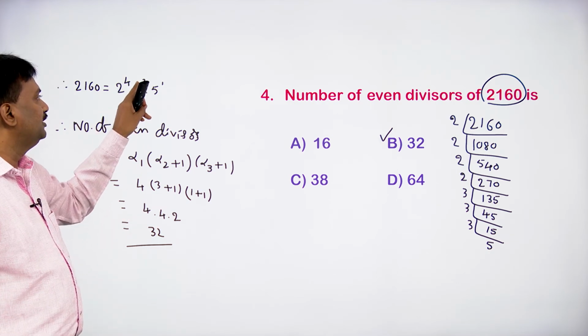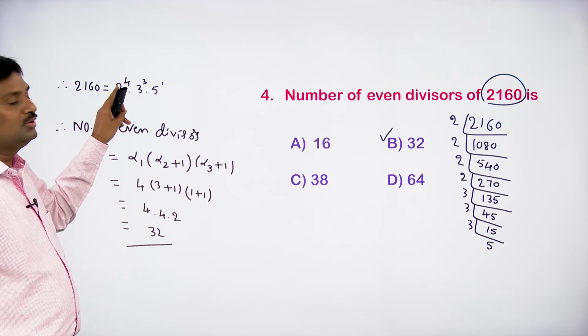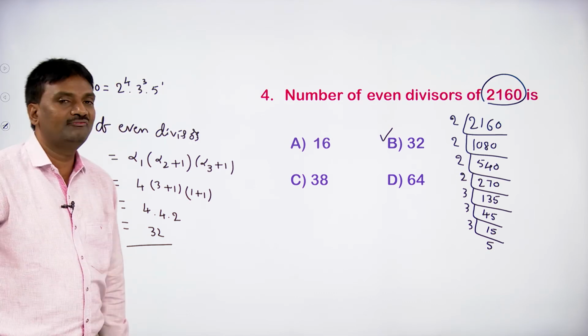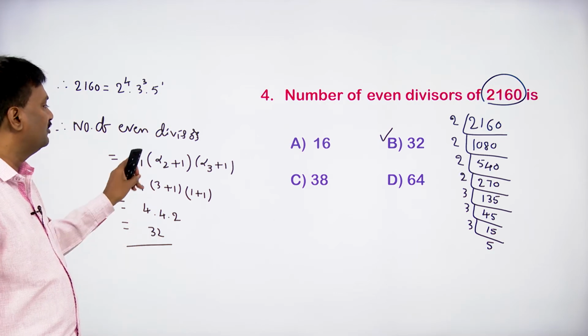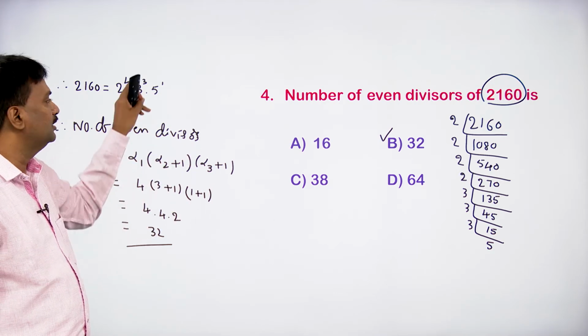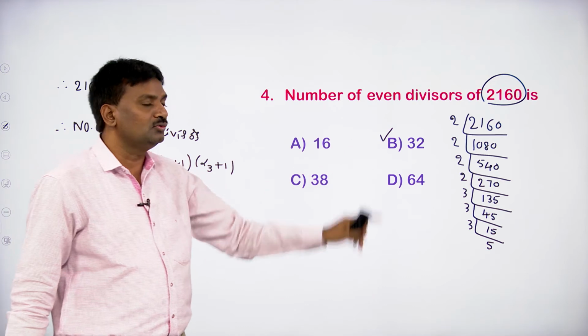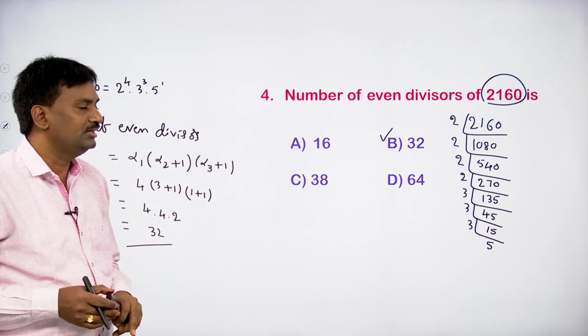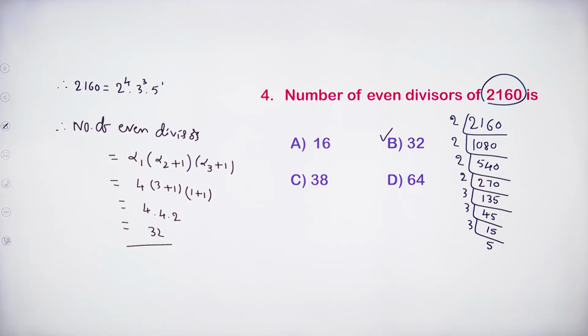Alpha 1 equal to 4, alpha 2 equal to 3 and alpha 3 equal to 1. We know the number of even divisors formula, alpha 1 into alpha 2 plus 1 into alpha 3 plus 1. Substituting the values and simplifying, we get 32. So option B is the correct option for the given problem. Take a screenshot of this problem.